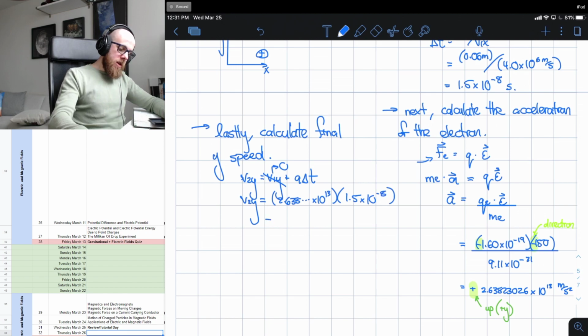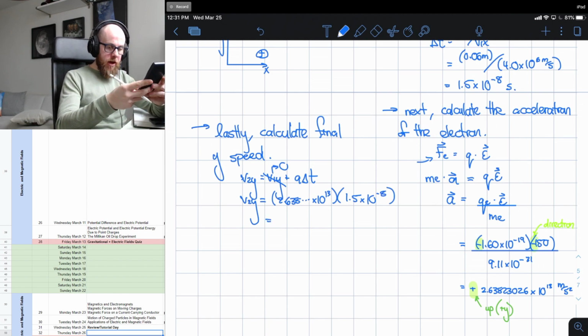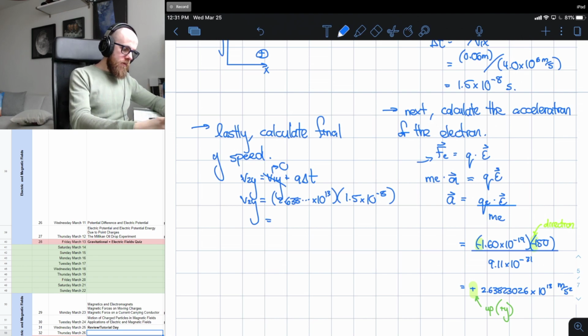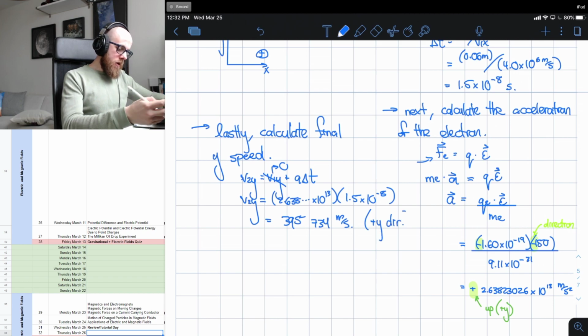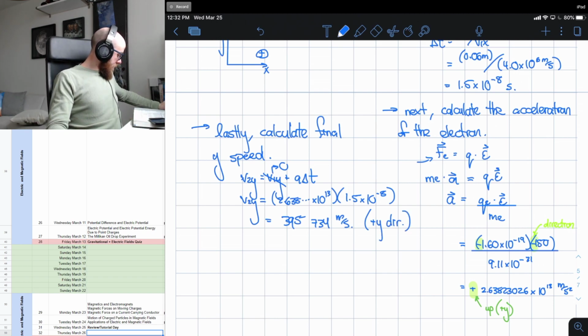And so I plug those in, and I find my final y speed. And I get a value of 395,734 meters per second in the positive y direction.